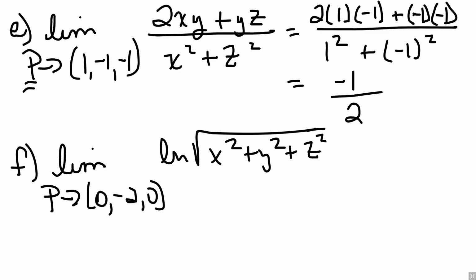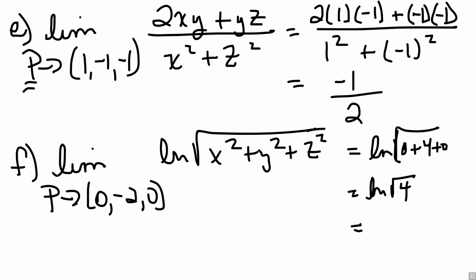So what would that limit be equal to? Natural log of 2. Yes, because when you plug in, you end up with the natural log of the square root of 0 plus 4 plus 0, or the natural log of the square root of 4, which is the natural log of 2. Okay. Any questions?